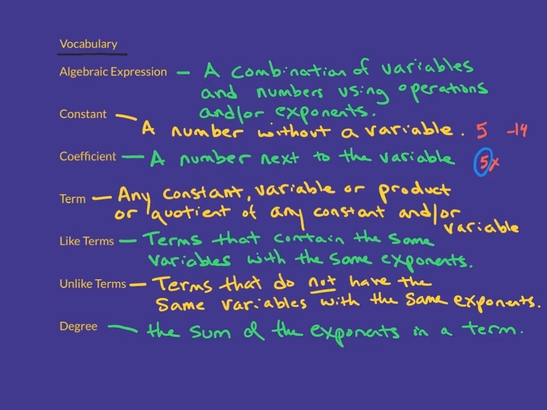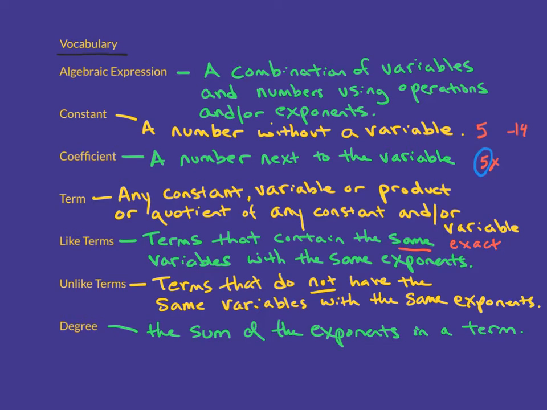Next is the word term, any constant, variable, or product or quotient of any constant and/or variable. Next is like terms. That's going to be important. Terms that contain the same variables with the same exponents. And I'll emphasize same on this one, same exact variable.